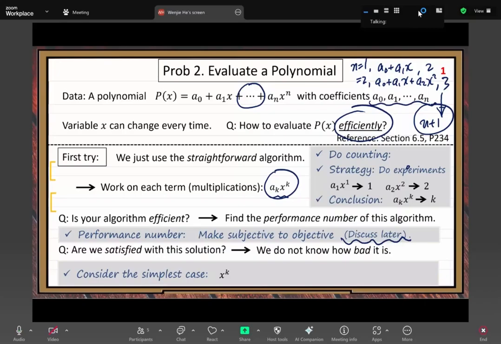Now, this monomial, this case is still unknown, right? So when we do an experiment, we want to work on some concrete k number. Then we feel better, right?